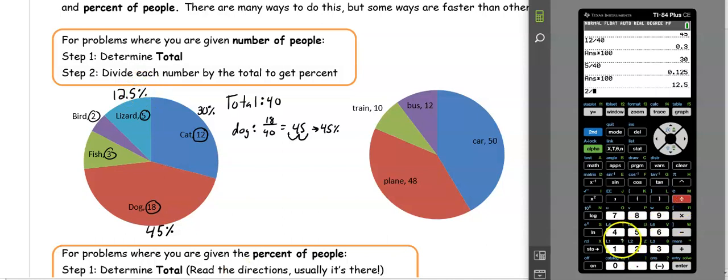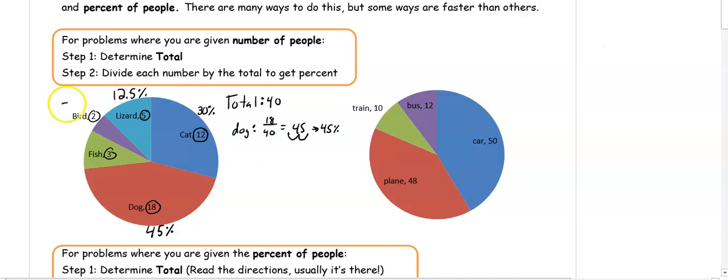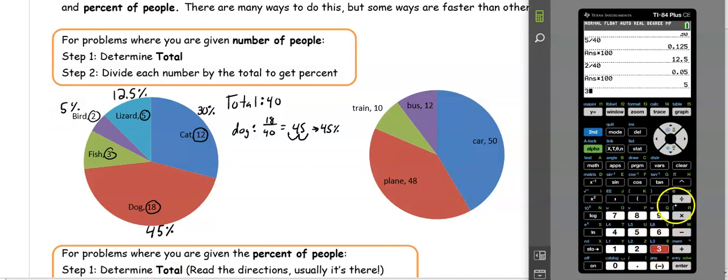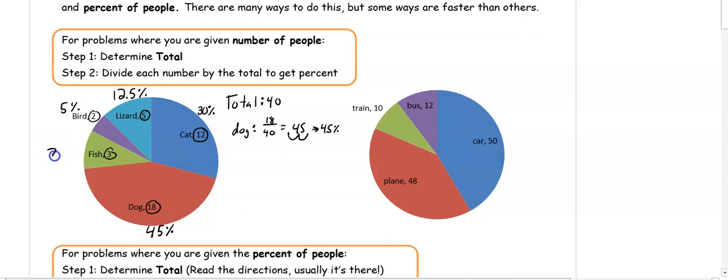We have 2 divided by 40 times 100 is 5%. And we have 3 divided by 40 times 100, and that's 7.5%.